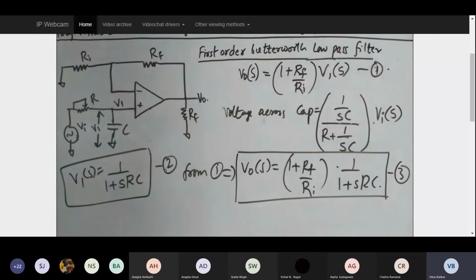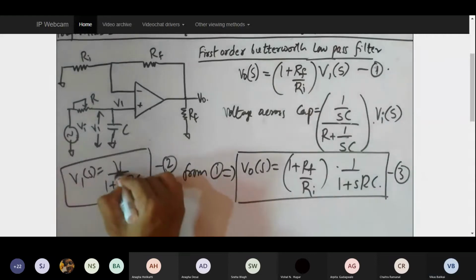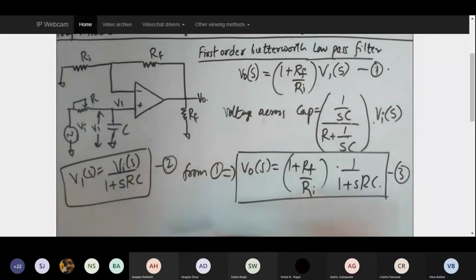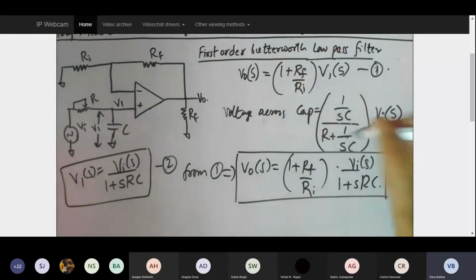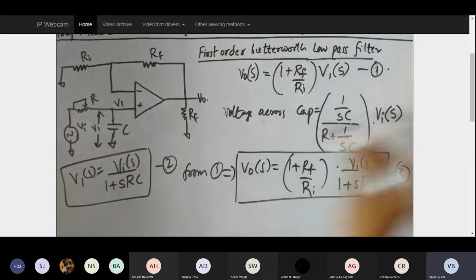Fine. Now let's try to understand that. I forgot, this has to be multiplied by Vi of S, right? Because the voltage across the capacitor is given by this entire term multiplied by Vi of S. When you simplify, Vi of S will remain as it is. So this is my equation.